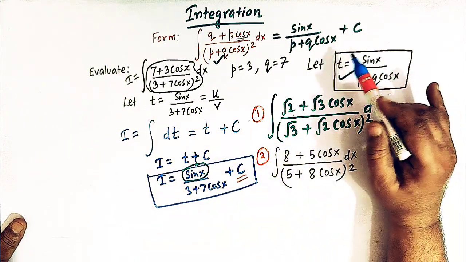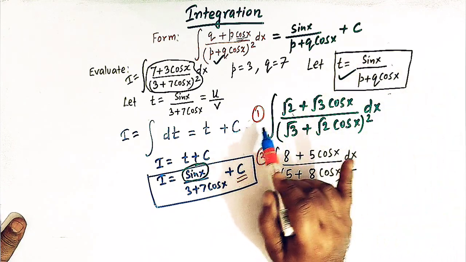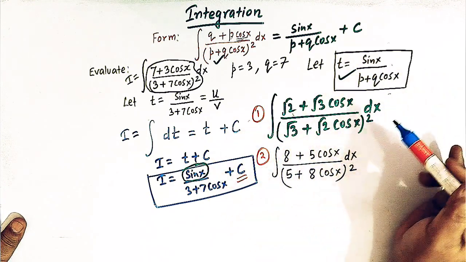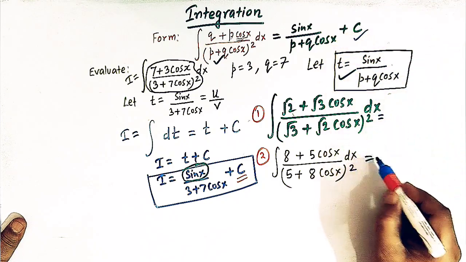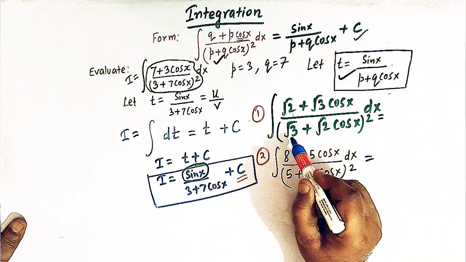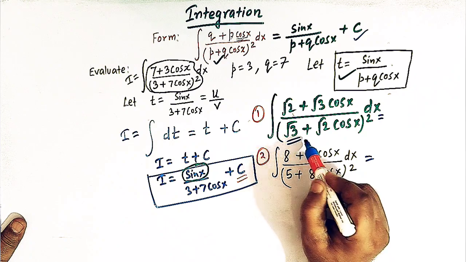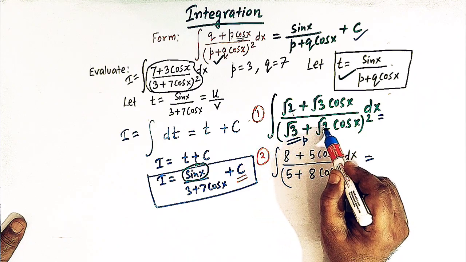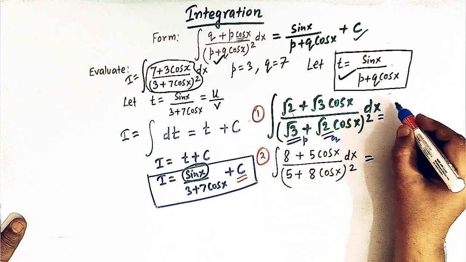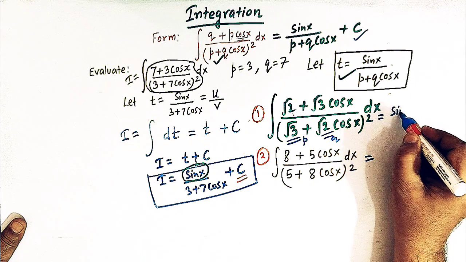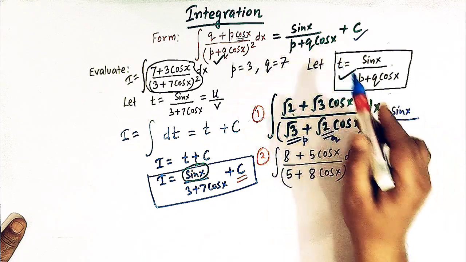So from this discussion, we can now easily write down the values of these two integrals directly with the help of this result, right? So in the first case, the value of p is square root of 3 and the value of q is square root of 2. So the value of this integral is sine x divided by p plus q cos x.